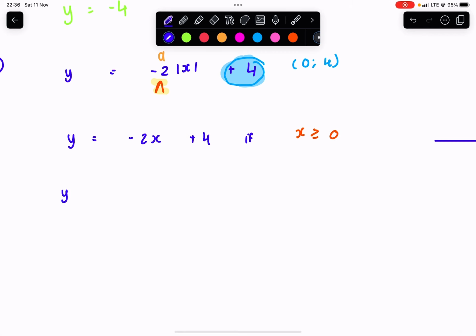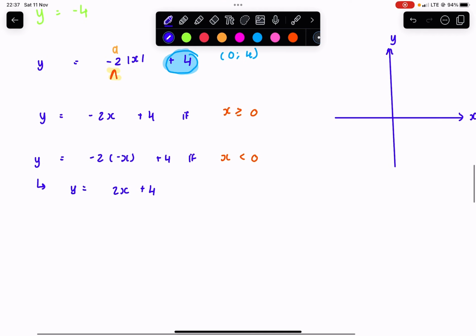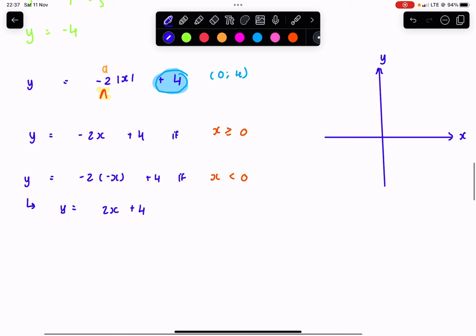And y is equal to negative 2 of negative x plus 4 if x is less than 0. We can simplify that further, so basically just 2x plus 4.